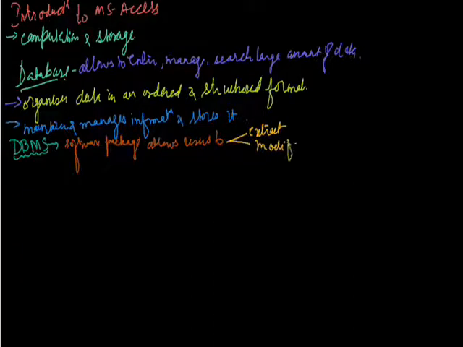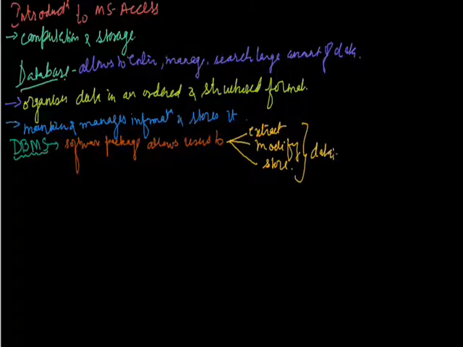You can take a piece of information whenever required. You can modify that information, and you can store information as per your requirement. So a DBMS is basically a software package which allows users to extract, modify and store data.